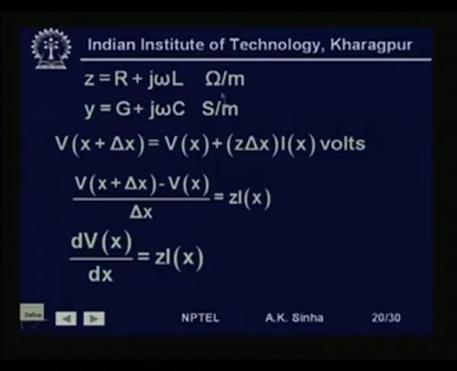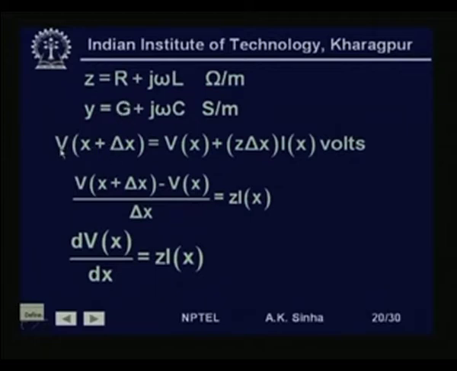That is what we have written here: V at x plus delta x is equal to V at x plus z into delta x into I at x. Now, as I said earlier, z is the series impedance per unit length, which will be r plus j omega l ohms per meter, and y is g plus j omega c Siemens per meter, where g for power frequency transmission lines is almost 0 or negligible.